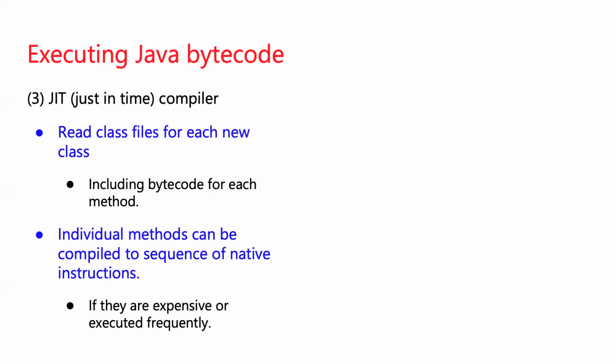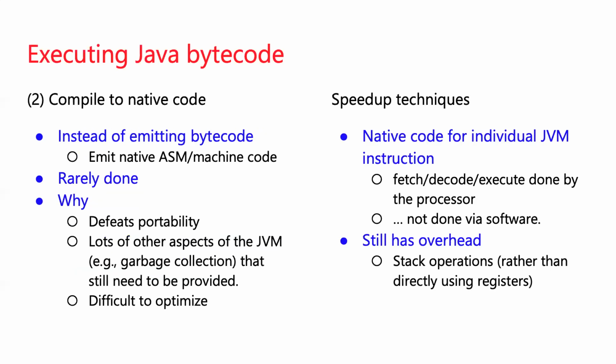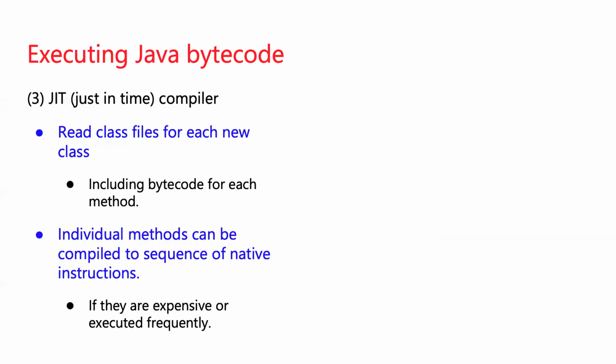This has an advantage. So backing up, this just-in-time compilation has an advantage over compiling to native machine instructions at compile time. Just-in-time compilation has the advantage that it maintains portability. Your class file still just consists of Java bytecode.